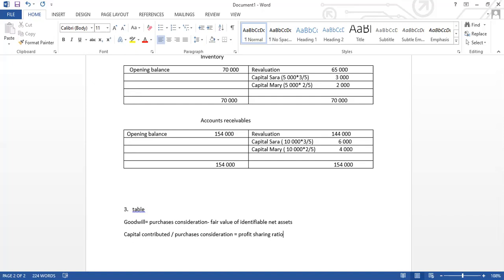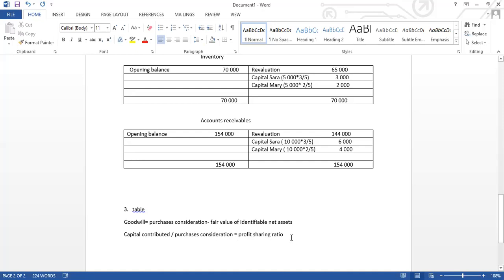Now in this case, we are given our capital contributed, we are given our profit sharing ratio, so we need to solve for X. We need to find our purchase consideration. That's what we are not given, and that's what we are looking for. So capital contributed divided by purchase consideration equals the profit sharing ratio for that partner.